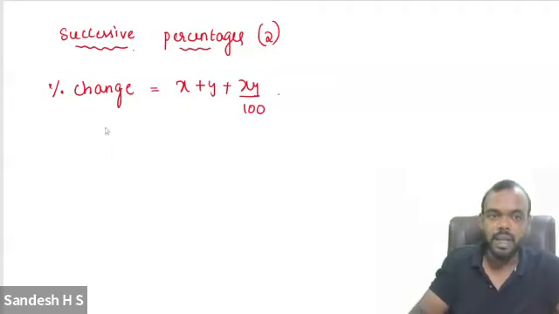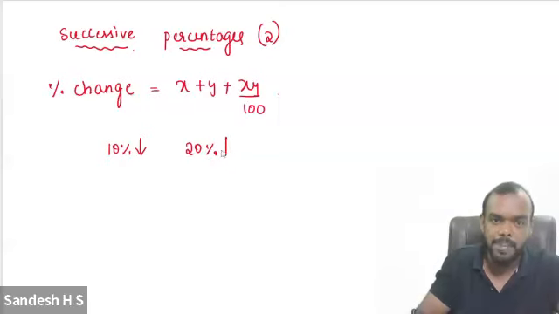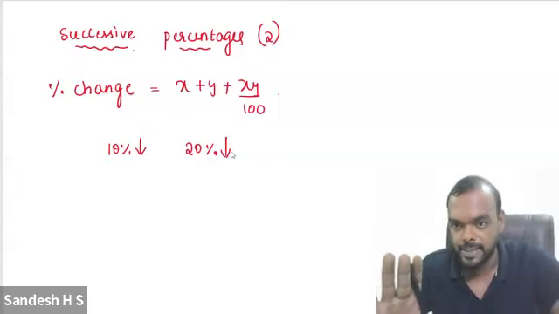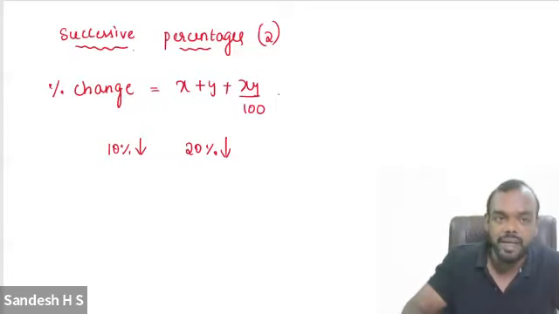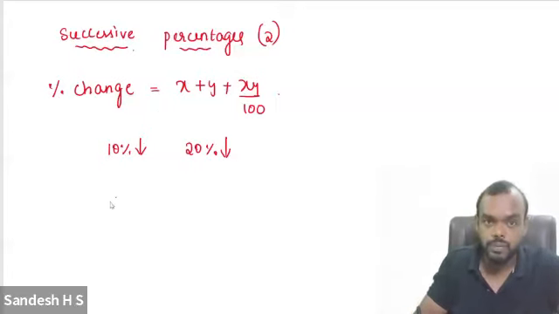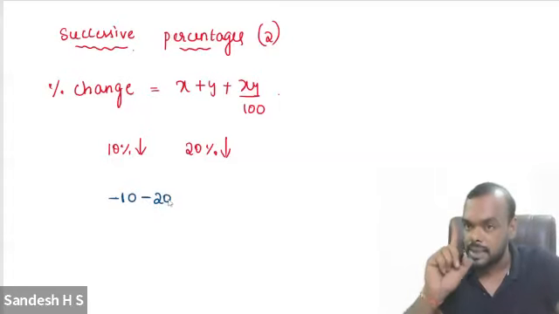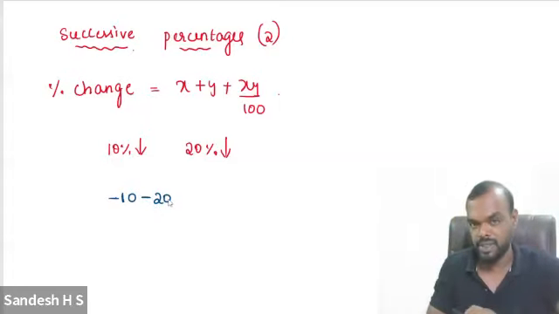Observe. In our case, the discount is one is a 10%, another one is a 20%. Remember, discount means a decrease. It means x value and y value are negatives. X value, 10% decrease means x value is a minus 10, y value is a minus 20, because a discount means a decrease. Remember this.